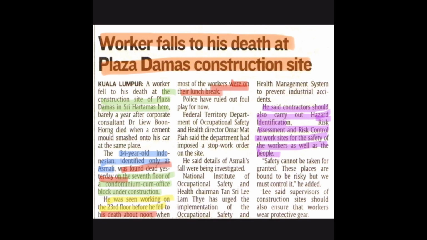These places are bound to be risky, but we must control it. And he added that supervisors of construction sites should also ensure the workers wear protective gear, which is PPE.